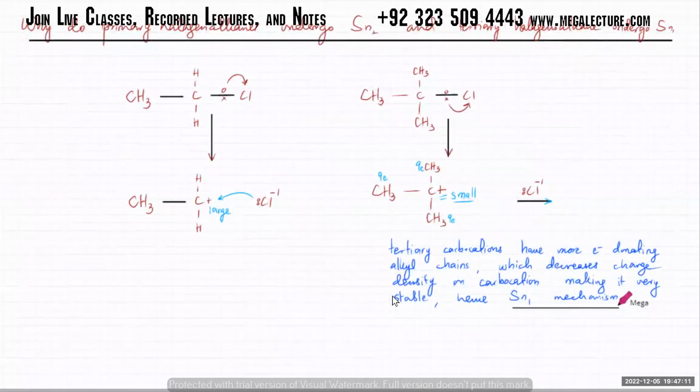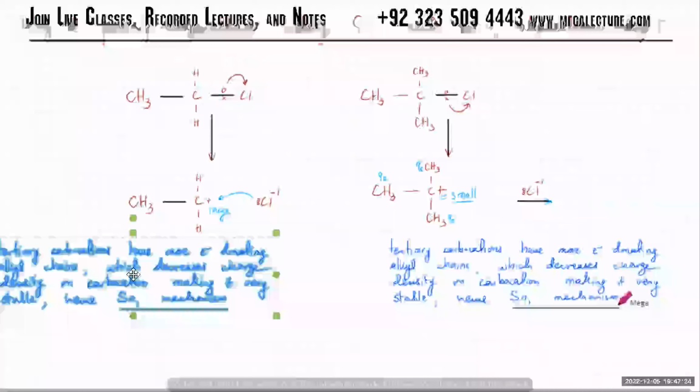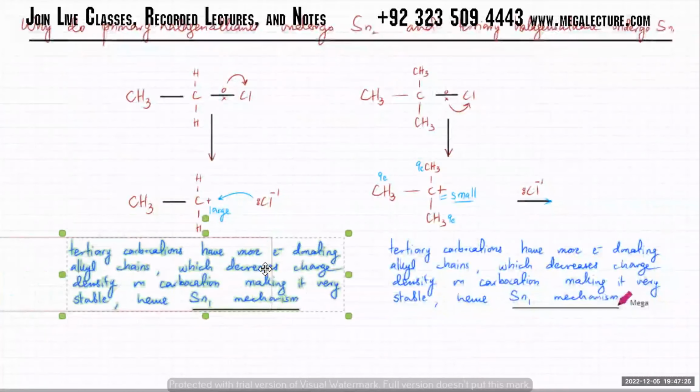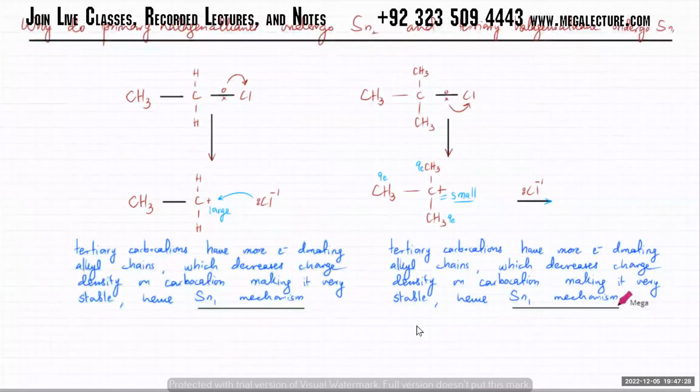Okay, that's why you're getting an Sn1 mechanism for tertiary carbocations. Or vice versa, you can write for primary carbocations that they have fewer. Everything will be the same, we just make changes here. Theek hai, so the only difference is that for the first part we call them primary carbocations, 1 degree carbocations.